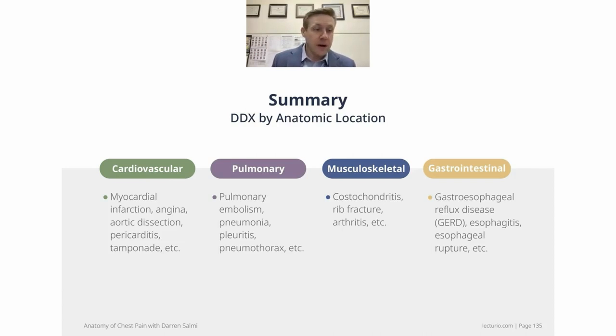For example, myocardial infarction, and a lot of those cardiovascular ones are very serious, very potentially life-threatening. Pulmonary, there are various things that are going to be more life-threatening than others. Some are a little more slow, some are a little more emergent, like a pulmonary embolism. And then some are going to be lower on the differential, even if they're common causes of chest pain, such as costochondritis, for example.